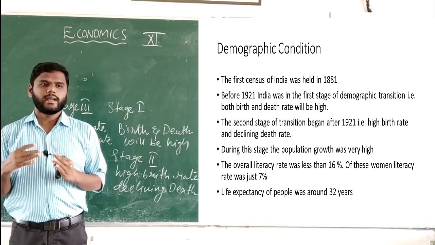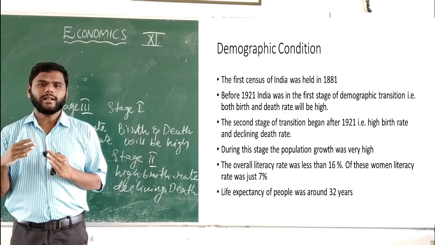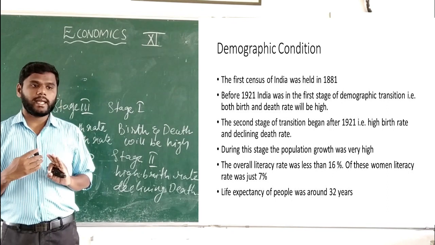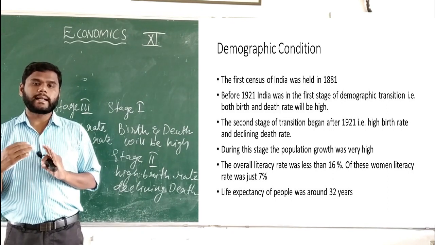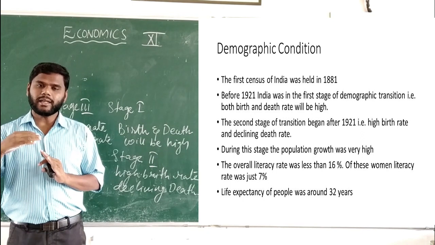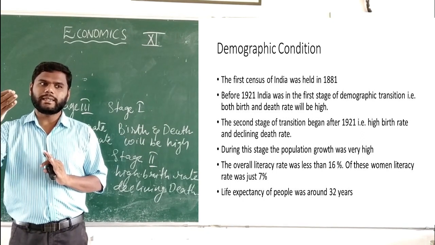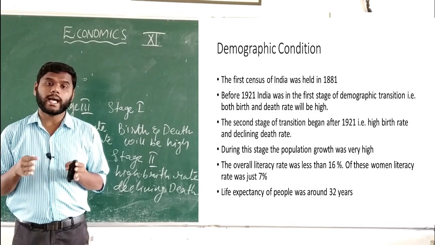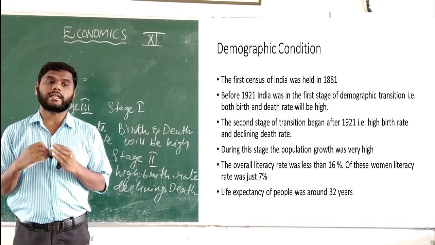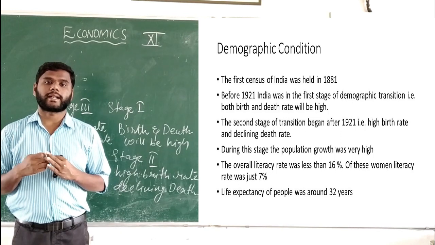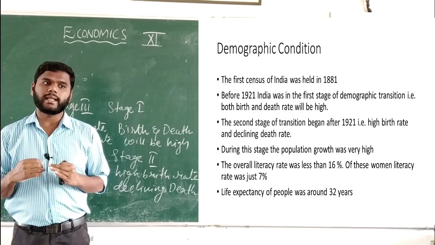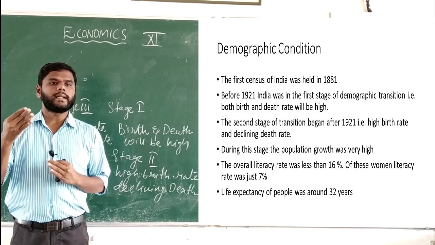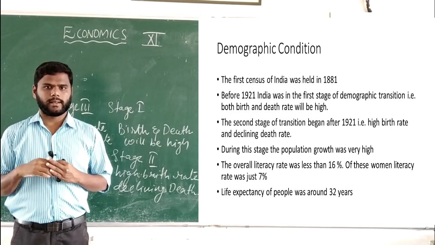India passed to the second stage, that is high birth rate and declining death rate. ബർത്ത് റേറ്റ് കൂടുകയും ഡെത്ത് റേറ്റ് കുറയുകയും ചെയ്തു. Now also India is in the second stage of demographic transition. ഇപ്പോഴും ഇന്ത്യയിൽ സെക്കൻഡ് സ്റ്റേജ് ആണ്. എന്ന് വെച്ചാൽ ബർത്ത് റേറ്റ് കൂടുതലും ഡെത്ത് റേറ്റ് കുറവുമാണ്.